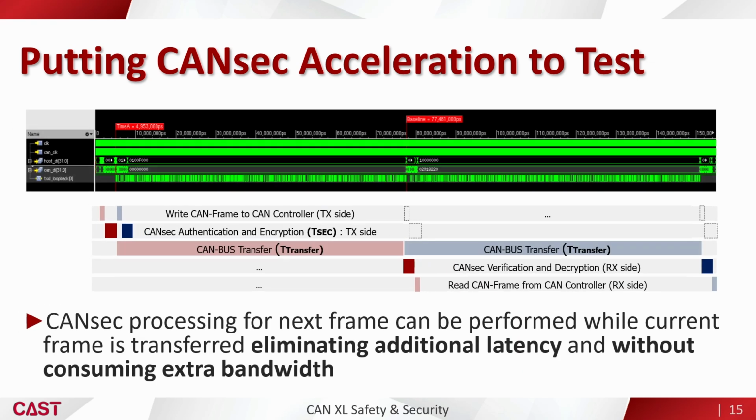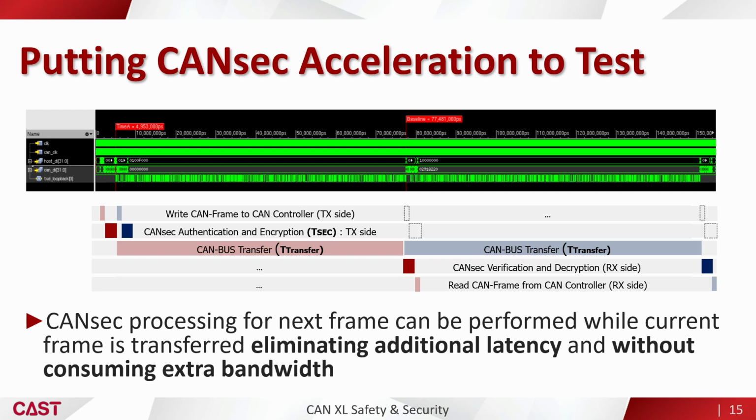This is where the hardware acceleration really pays off. On a busy network with continuous back-to-back frames, the CANsec processing for the next frame is performed entirely while the current frame is still being transmitted on the bus. The result is remarkable. There is zero additional latency from the security processing. There is zero extra bandwidth consumed beyond the CANsec header and ICV fields themselves.